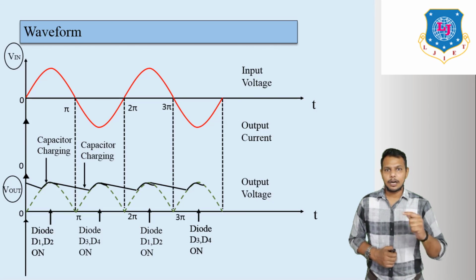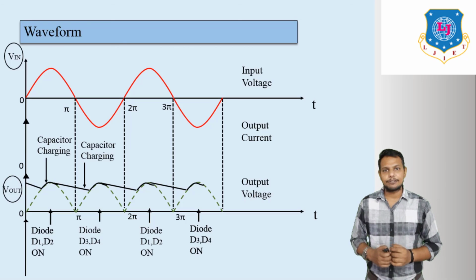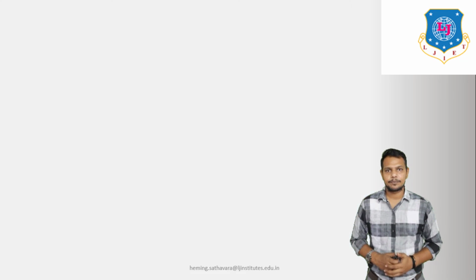Then again the capacitor becomes charged, and again it discharges. So it shows this type of waveform. That means we will get filtration of our bridge rectifier output, and then we will get pure DC voltage at the output side.